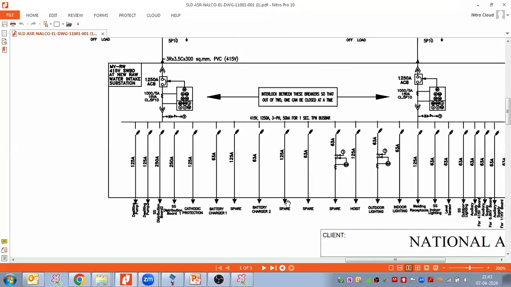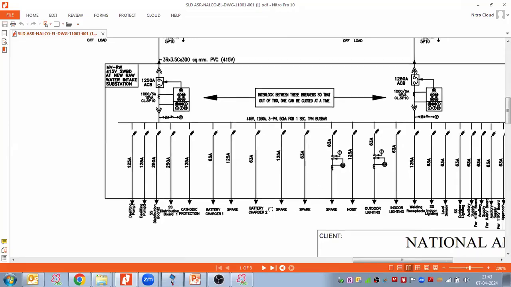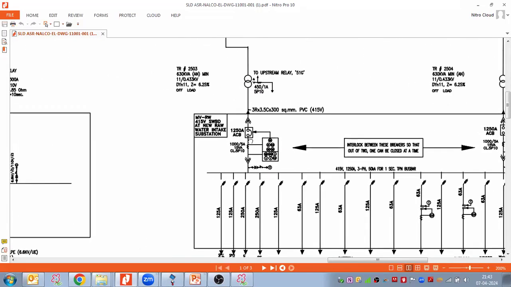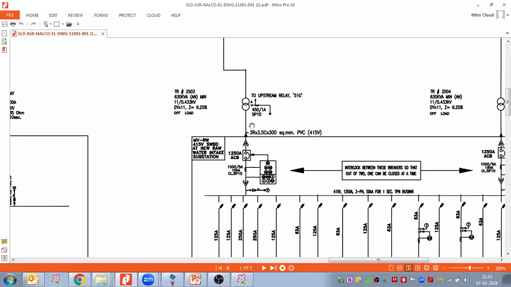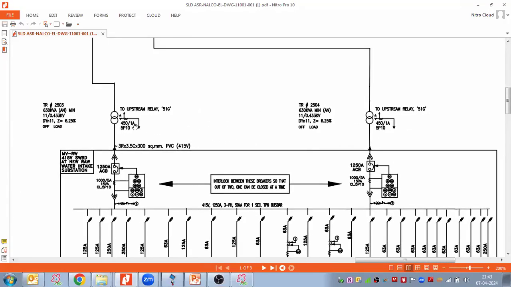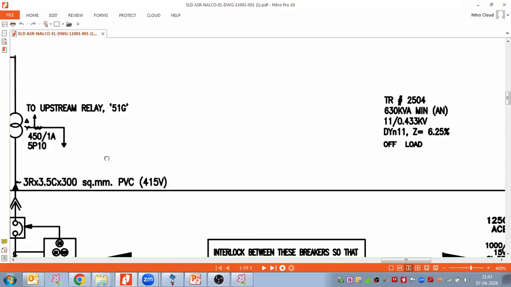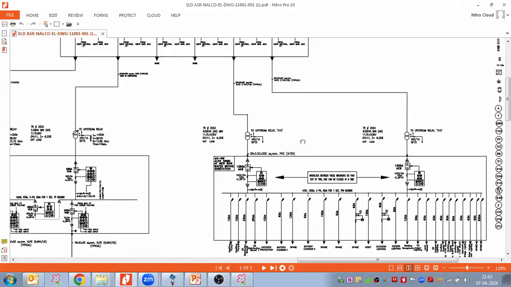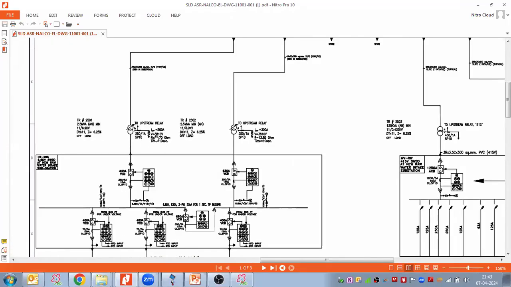There is no need for a big motor, like 300, 400, 500 kilowatt, connected on this transformer side. So here, if you see, they have used solid grounding, and on the other side they have used NGRs.